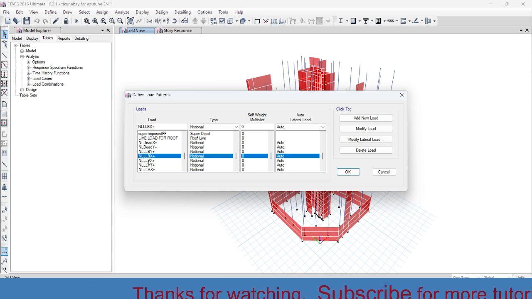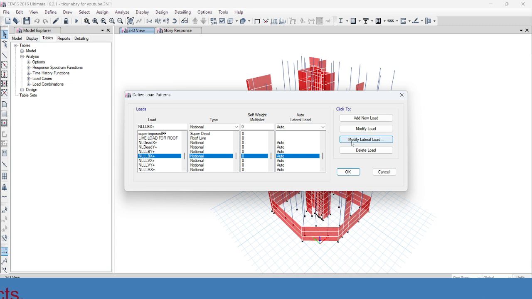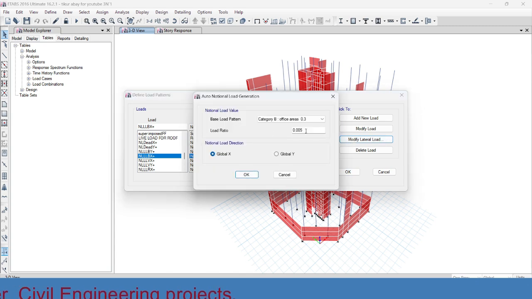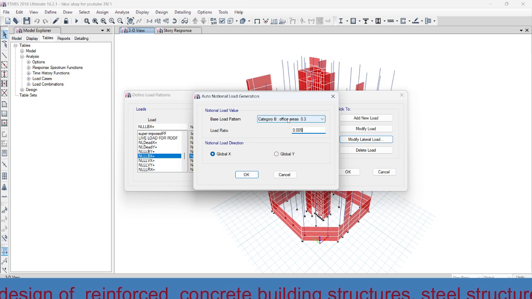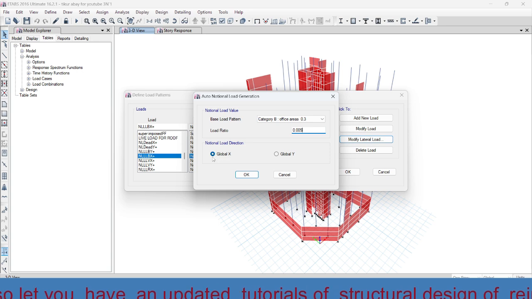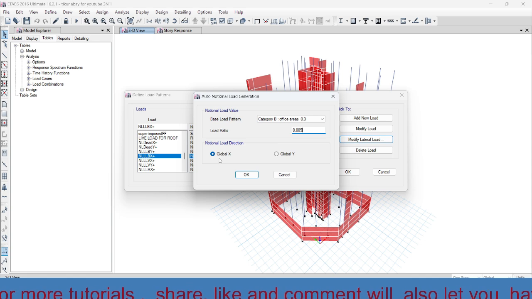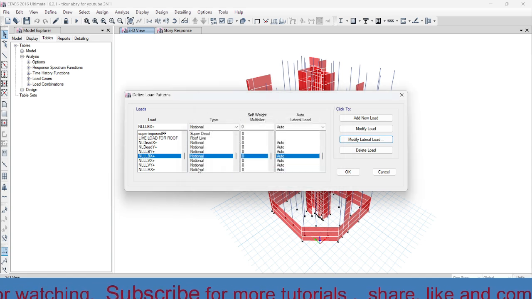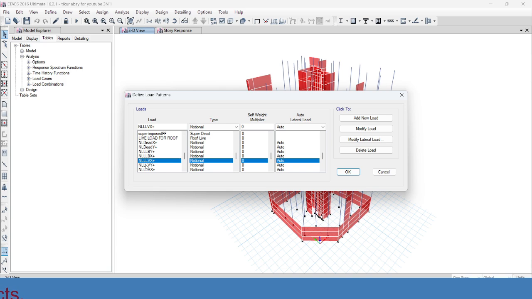And here the notional load for live load in x direction, which is 0.05 multiplied with the live load applied at the floor, will provide the notional load along x direction with reference to the live load. And here also the notional load for vehicles, that means for parking.